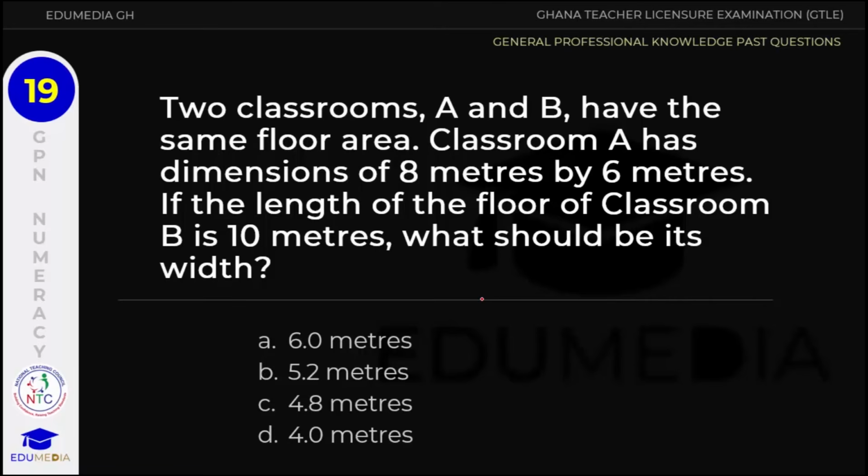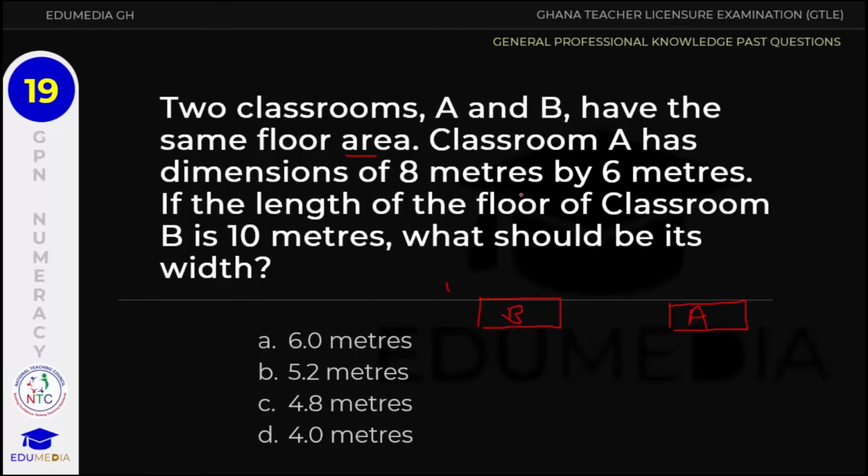But one of the things you need to take notice of is the area. So you have to know the area of this. We have something like this. So this is B, that's class B, and this is class A.